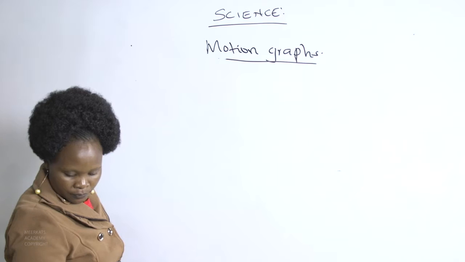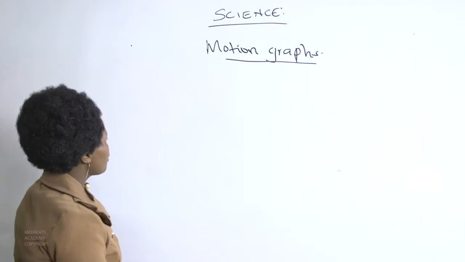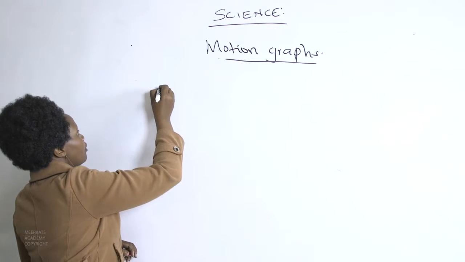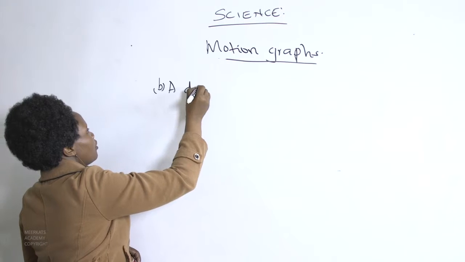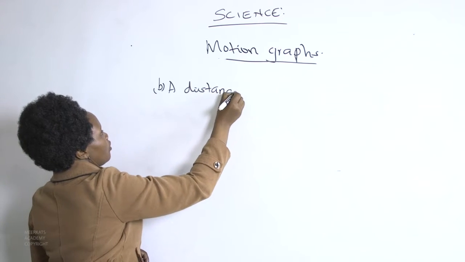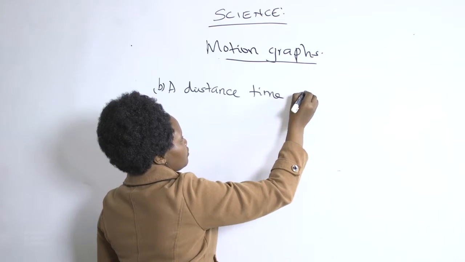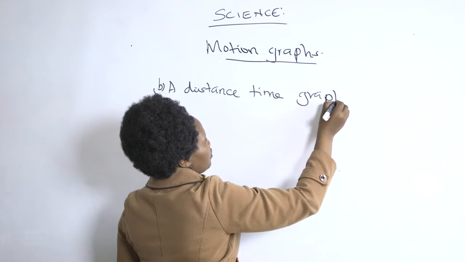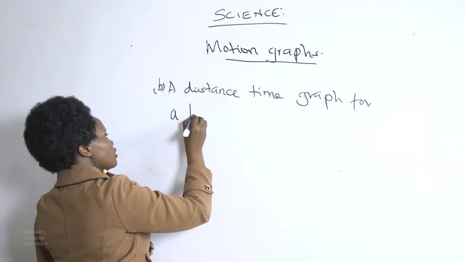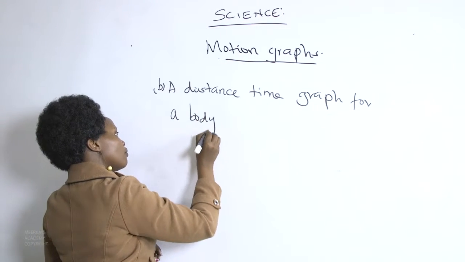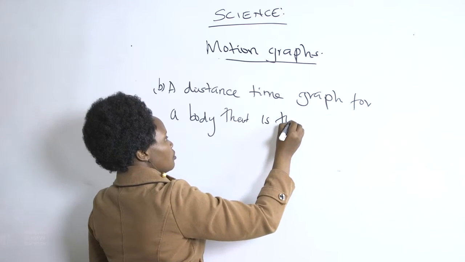Part 2 is a distance time graph for a body thrown up.